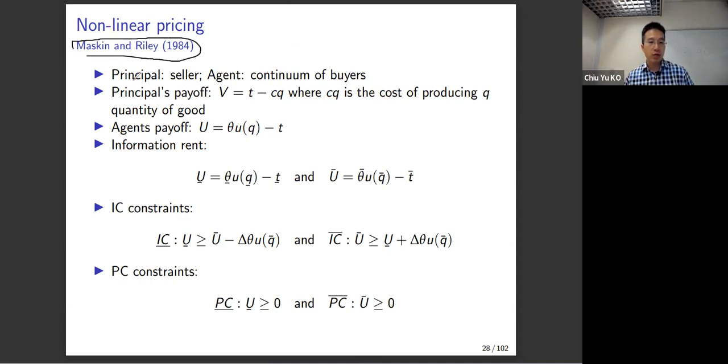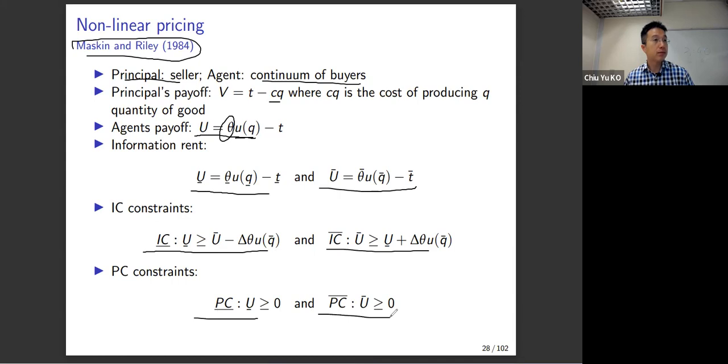Okay. One seller and many buyers, right? And marginal cost is the same, right? And people's payoff depends on the type times how much quantity they have, right? And in this model, the information is arranged like this, right? Nothing new there. The IC constraint is the same as what we've seen before, everything is the same.